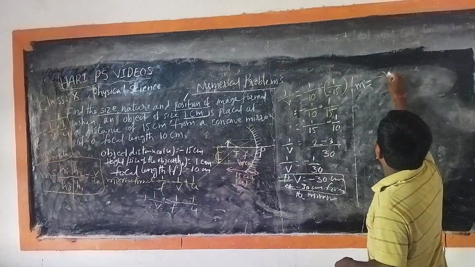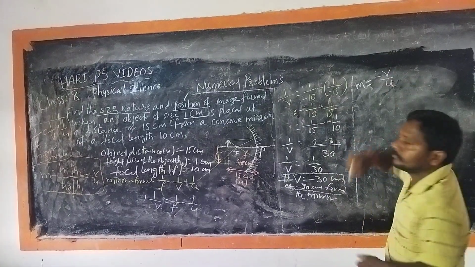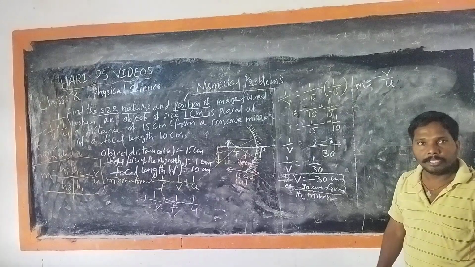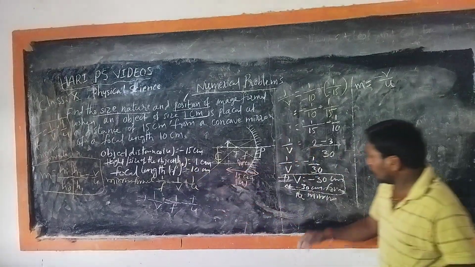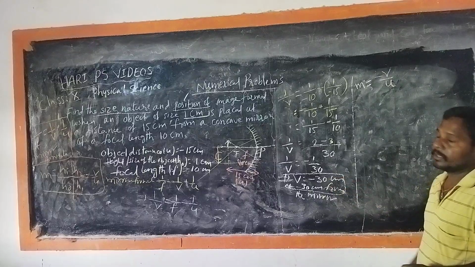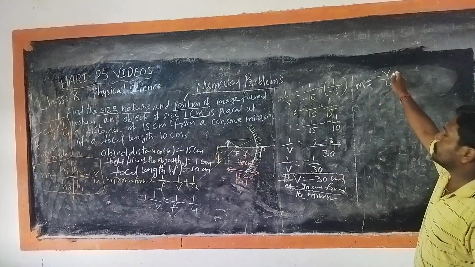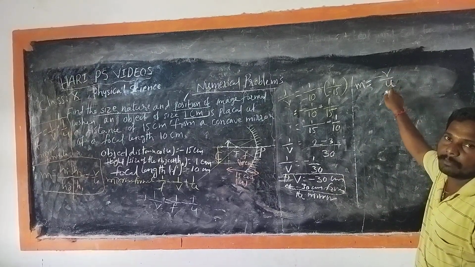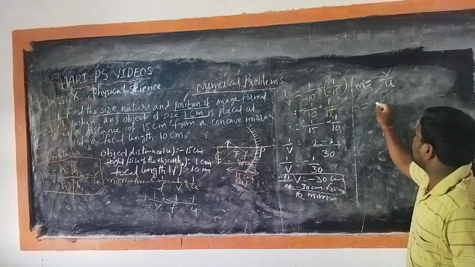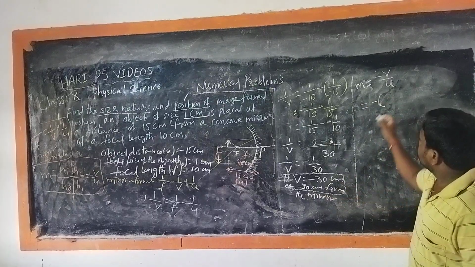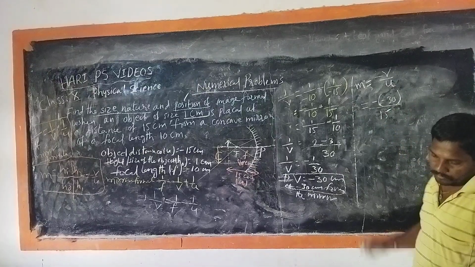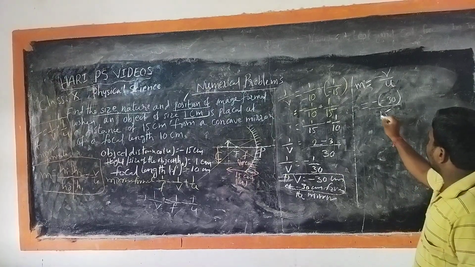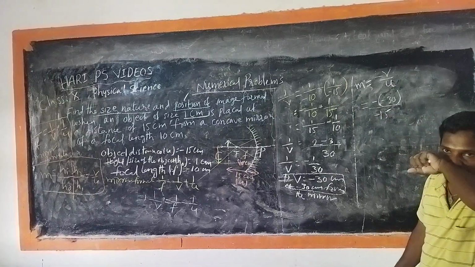Magnification m is equal to minus v by u, because we know the object distance and the image distance. It is the ratio of the image distance to the object distance. Substitute the values: minus of minus 30 by 15.